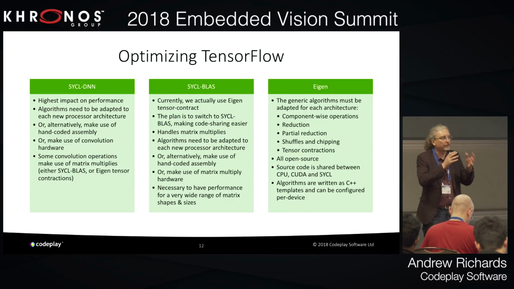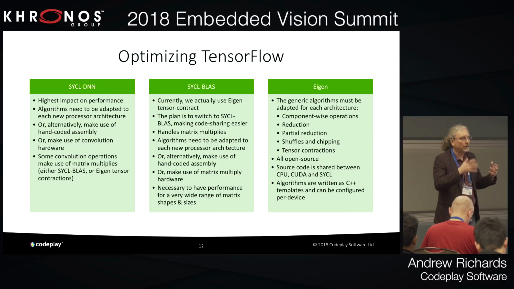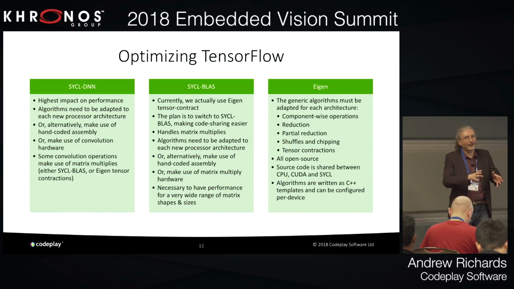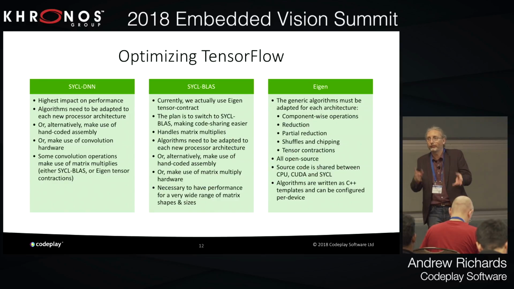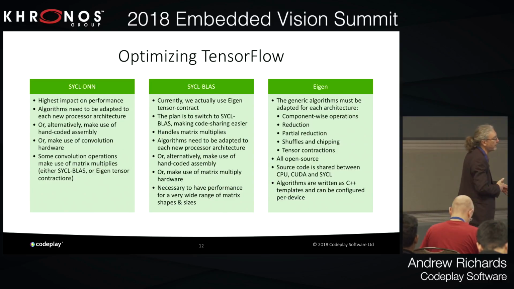And if you compile it with a SYCL compiler, it gives you SYCL OpenCL code. So it's entirely handled within these header files, and it adapts to different systems, which is why when you want to optimize TensorFlow for your system, you actually have to check out the source code and compile it for your system. And it will actually look at the processor in your system and the GPU and try and work out how best to do it. So it's a compile time thing where you optimize all of this stuff.